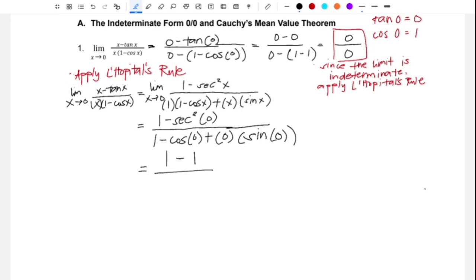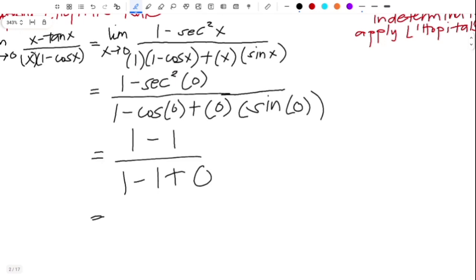Then 1 minus cosine 0 is equal to 1, just like what we did here. 1 plus 0. Sine 0 is 0. There. Therefore, again, we have an indeterminate form.